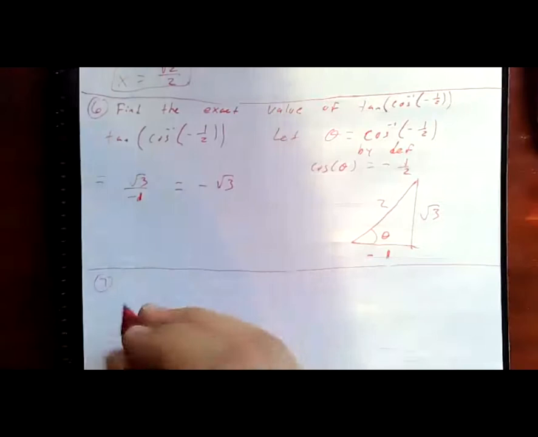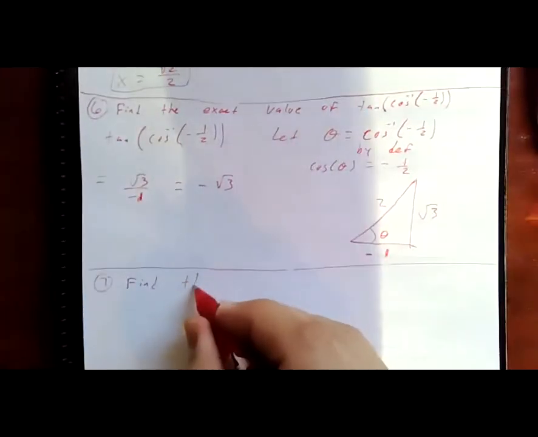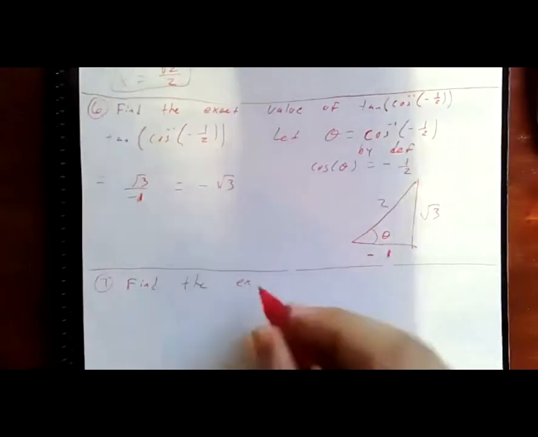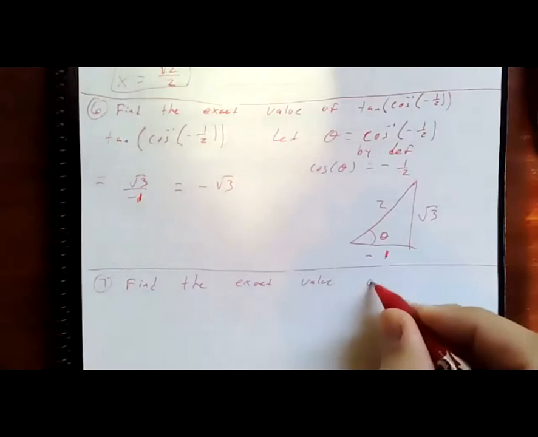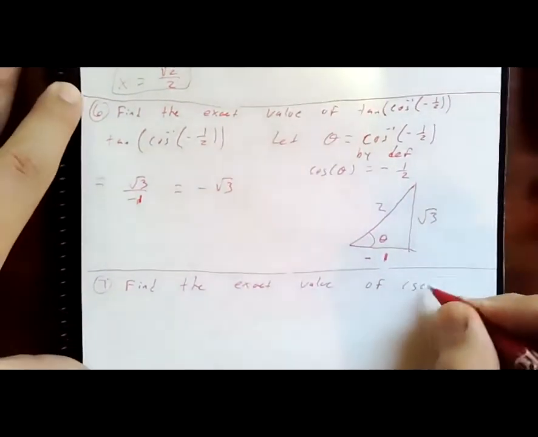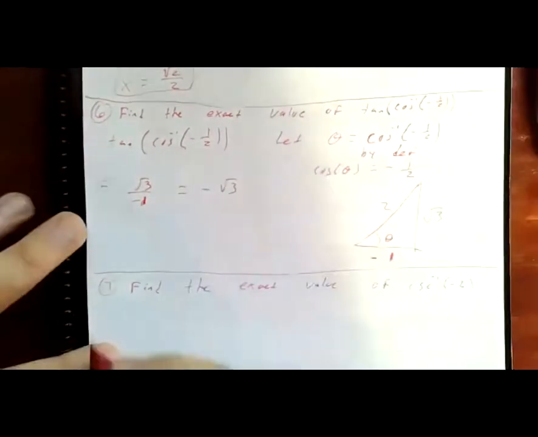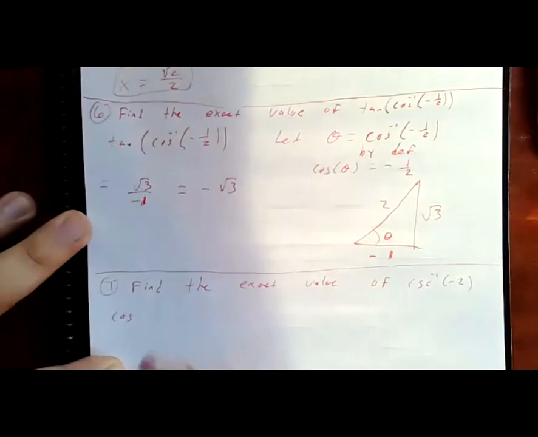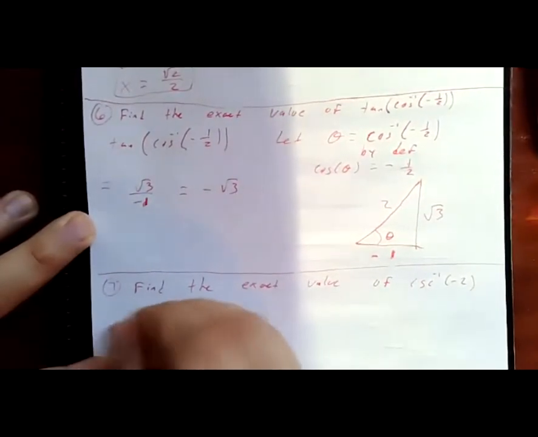Number 7, find the exact value of cosecant inverse of negative 2. There's a property that says you can rewrite this, because cosecant is technically 1 over sine, right?